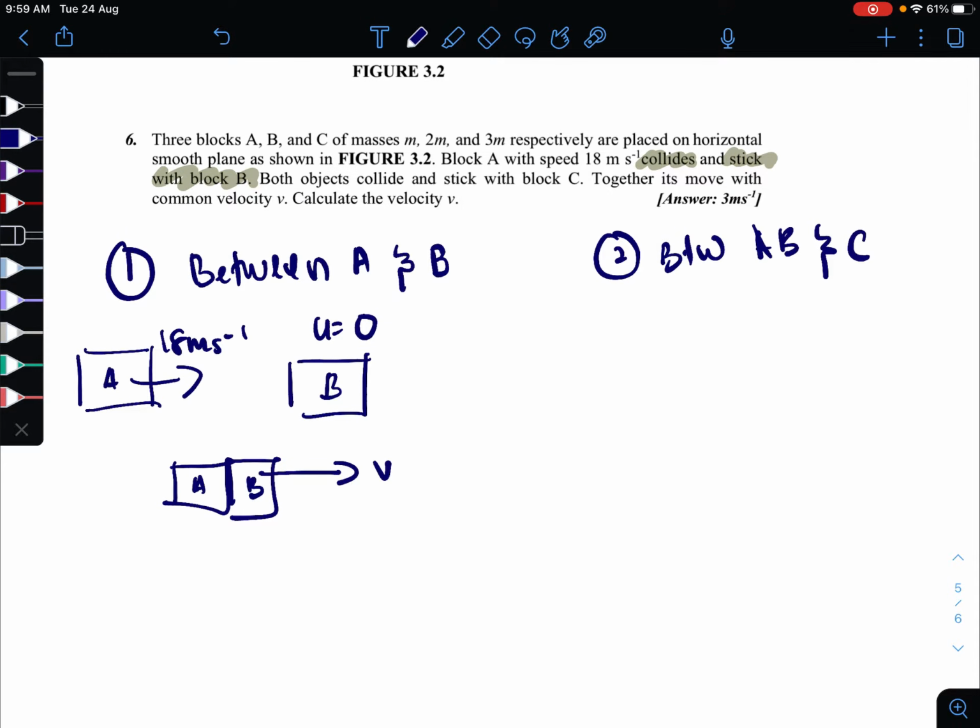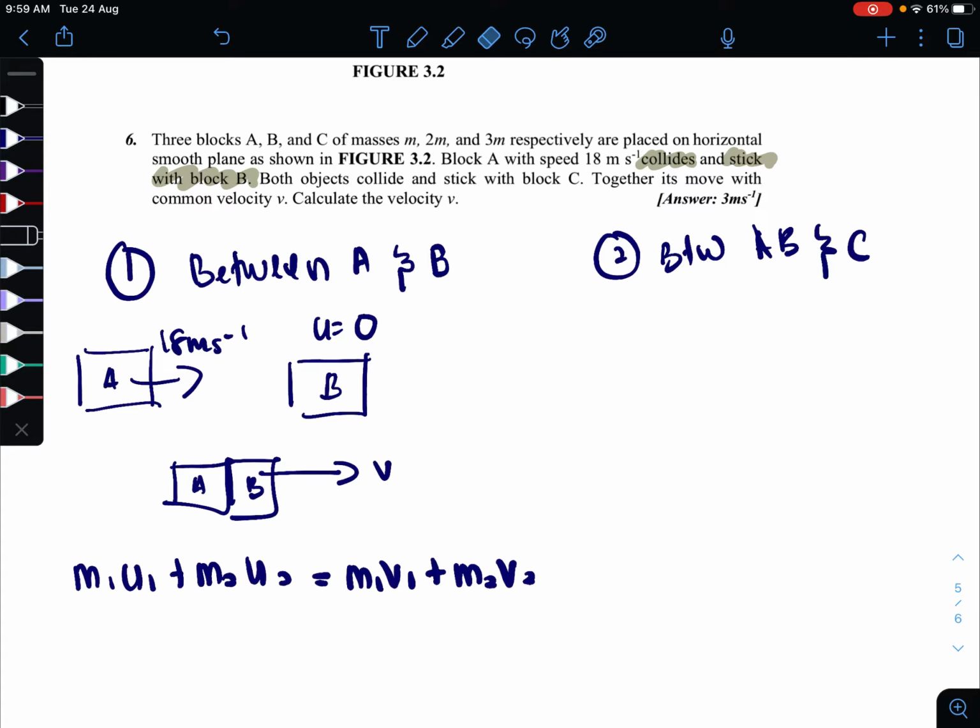So, according to the conservation of momentum, we are going to solve this using conservation of momentum. We have M1 U1 plus M2 U2 is equal to M1 V1 plus M2 V2. This is the general form.